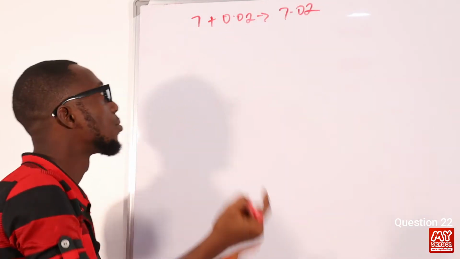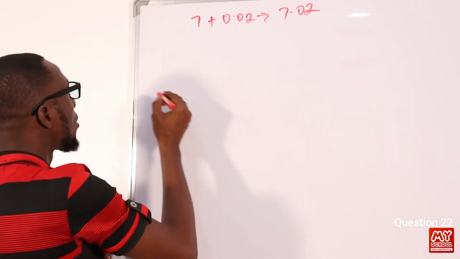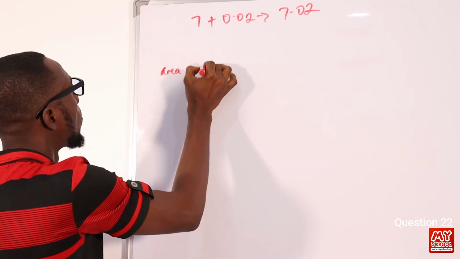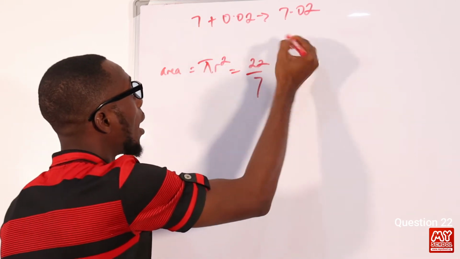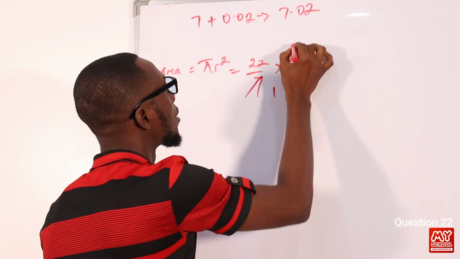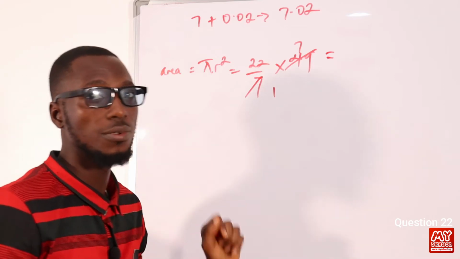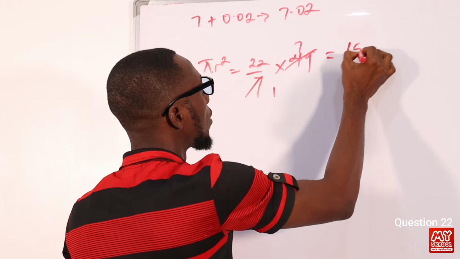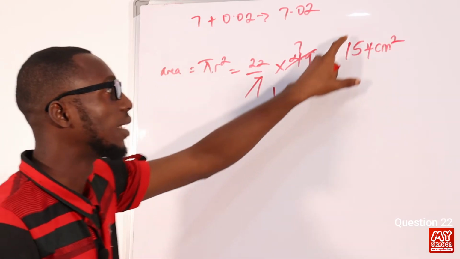So normally we know that the area of a circle equals pi r squared, right? That is 22 over 7 times r squared, that is 49. 7 times 7, that is 49. 7 times this should give us 7 times 20, that is 154. So everything should give us 154 centimeters squared. So we know that when the radius is 7, the area is 154.